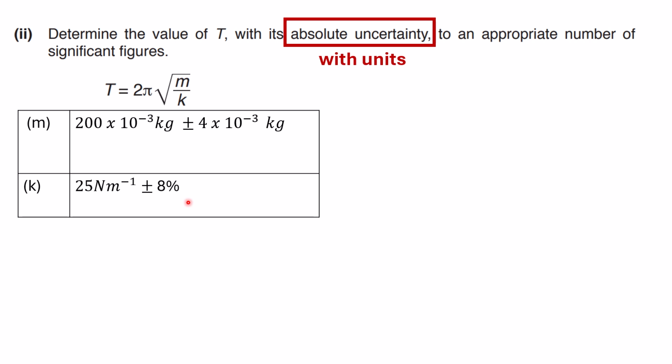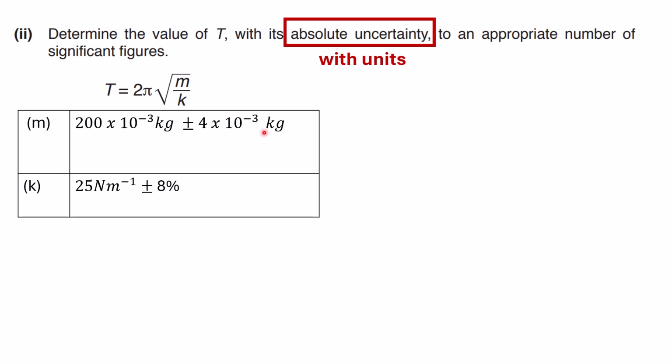So this is percentage uncertainty. To make it easier to calculate the absolute uncertainty, since we have the value of K in percentage, let's convert the mass uncertainty to percentage as well.